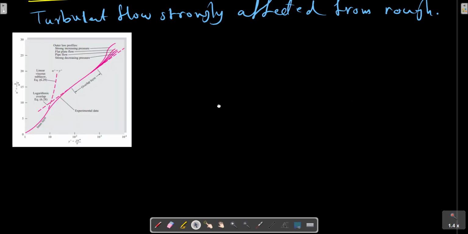In this picture the linear viscous sublayer extends out only to y plus equals 5. Thus, compared with the diameter, the sublayer thickness is only small.